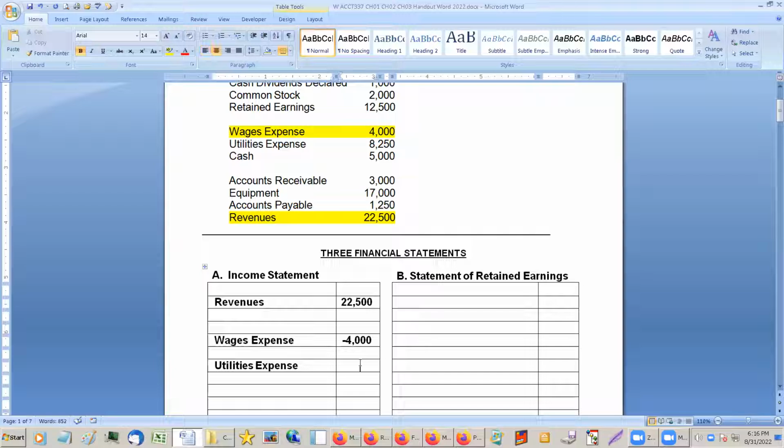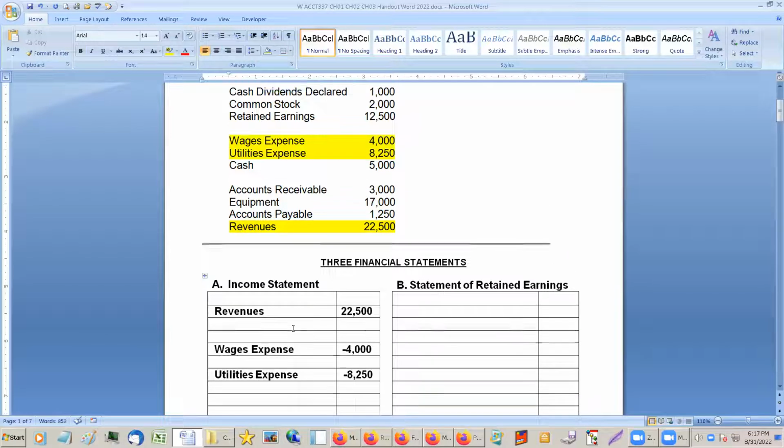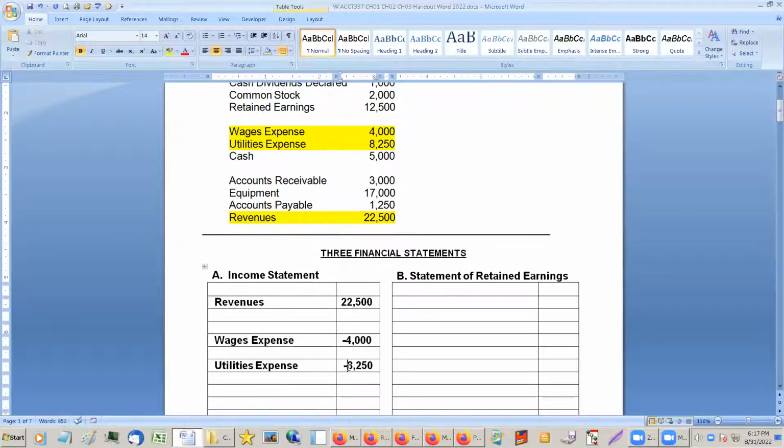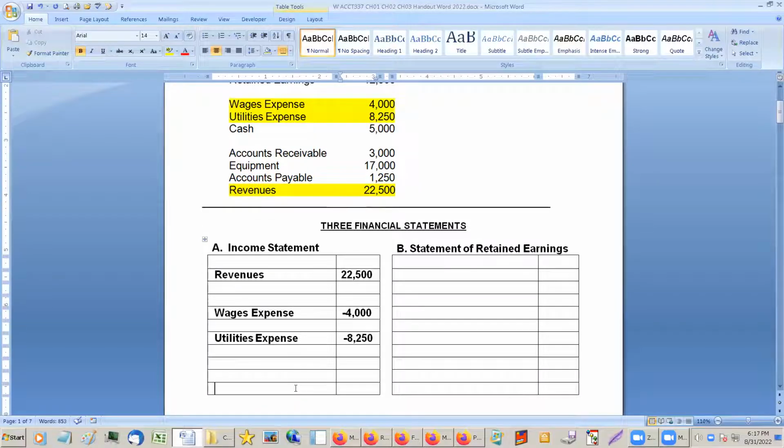So the income statement really is just what money came in, what money went out. That's all it is. So $22,500 came in. $4,000 and $8,250 went out. So whatever is left over, we're going to call our net income.